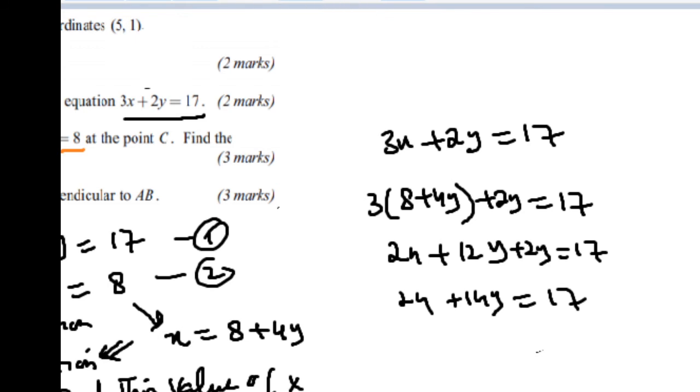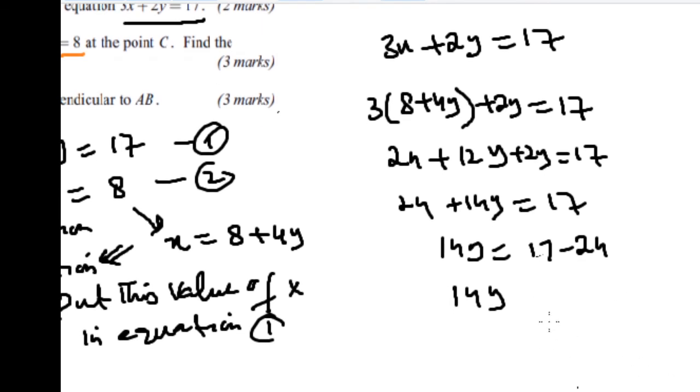Now see here, 14y is equal to 17 minus 24. Yes, the result is what? 14y is equal to minus 7. So y is equal to minus 1 upon 2. That is the value for y.